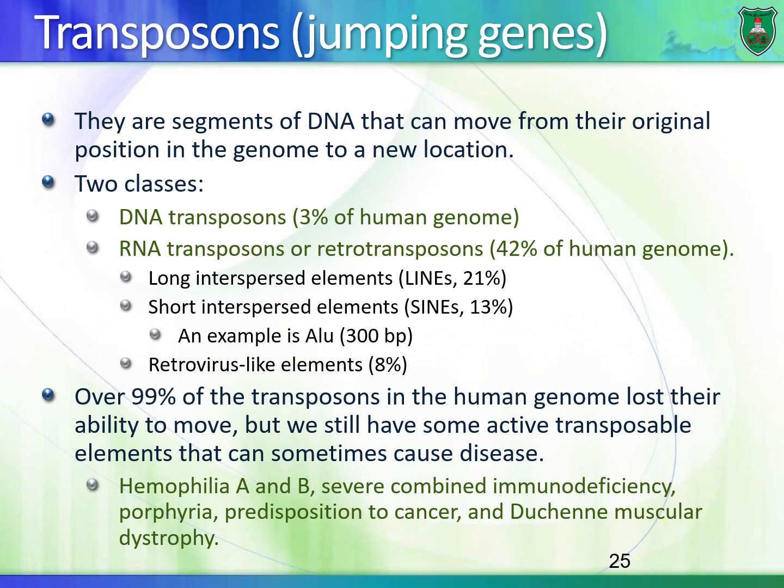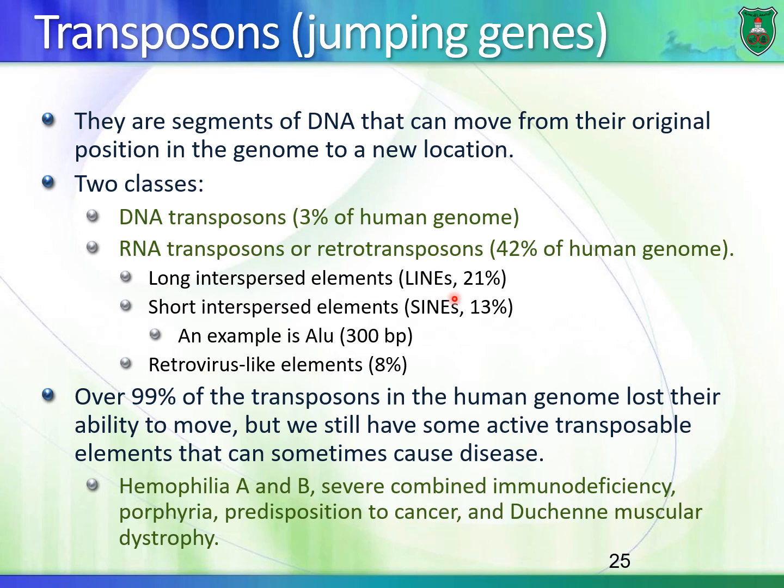Now, there are two types of transposons. We have what is known as DNA transposons, and they make up about 3% of our genome. Okay, but the majority is basically RNA transposons or retrotransposons, and they originated from retroviruses, viruses with RNA being the genetic material.